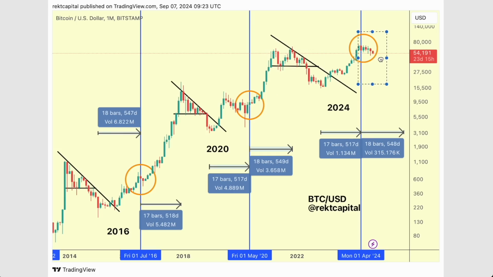Right now, we are still technically consolidating right over here, but this is generally the area we should be focusing on, as we try to transition into the parabolic upside phase of the market cycle. That still remains ahead for Bitcoin.